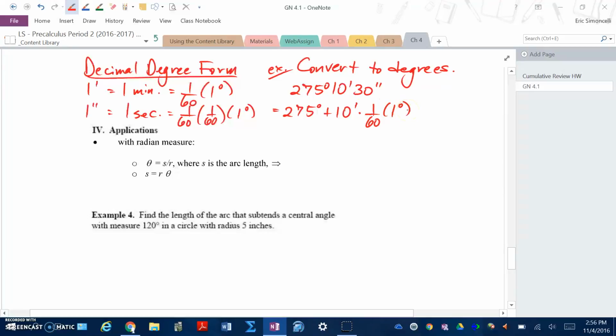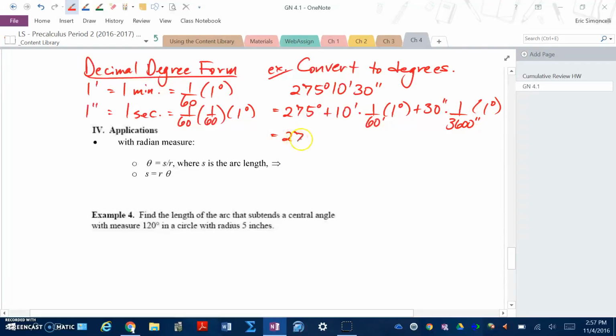Essentially what's going to happen here is the units, minutes divided by 60, will cancel. And then I'll add that to the 30 seconds, which will then be multiplied by 1/3600th, same notation, times 1 degree. Again, the units will cancel in that regard.